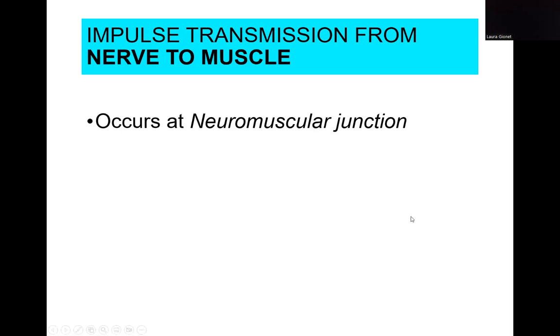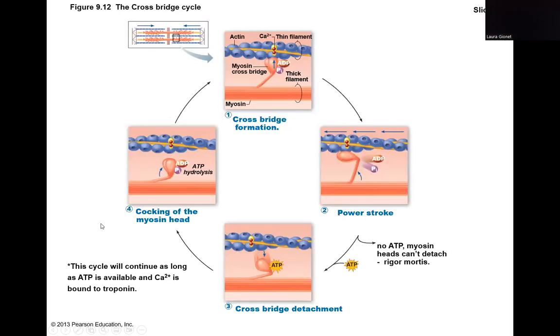All right. So the impulse transmission from the nerve to the muscle occurs at the neuromuscular junction, like we just saw. All right. When we have the cross bridge formation, it's going to go through a series of events here. Now they're going to talk about step 1, 2, 3, 4, and I think it's really good to see this.